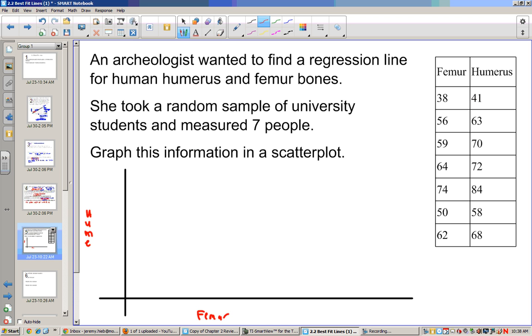That's supposed to be an M. Now, the femur, that's our x-coordinate, goes from about 40 to about 60. So we could start at 35 and go up by 5s.